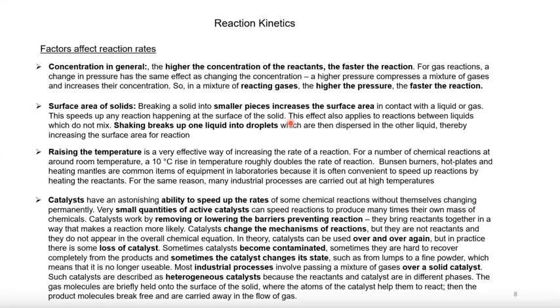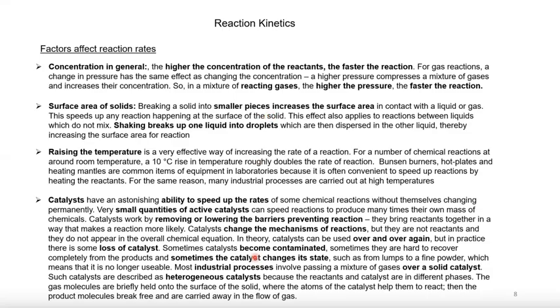The homogeneous catalyst means the phase of the reactants and the phase of the catalyst are the same. By phase, we mean that if the reactants are in liquid, and the substance we take as a catalyst is also liquid, then we call it homogeneous catalyst. But if the reactants are in a different phase than that of the catalyst, we call it heterogeneous catalyst.